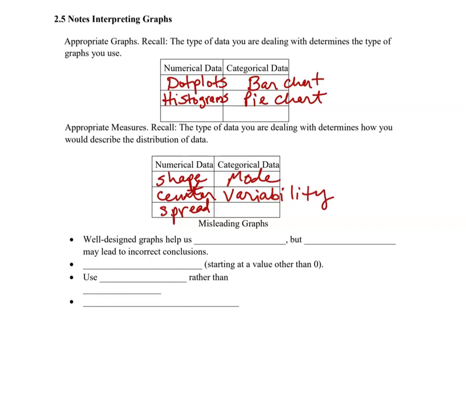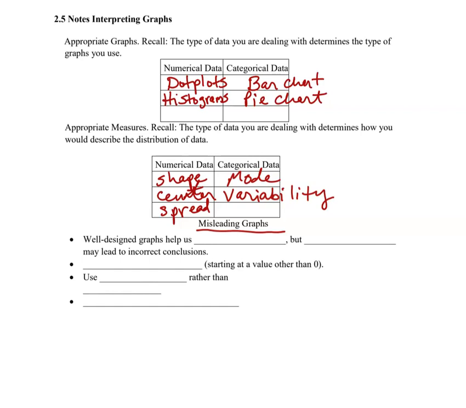Now, what happens when we have a graph that is misleading? How do we know that we have one? Anything that makes the graph difficult to follow or understand, or leads your eye to believe something that's not necessarily true, would be considered a misleading graph.